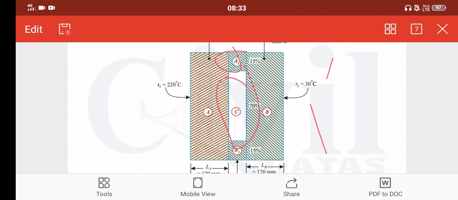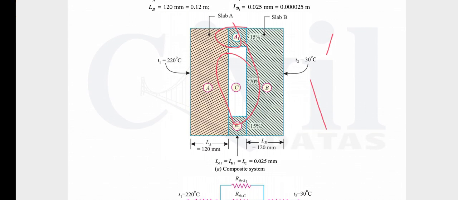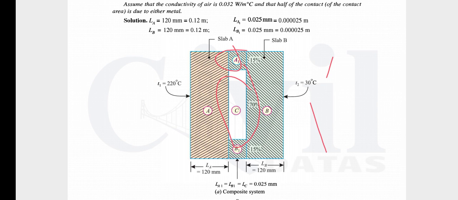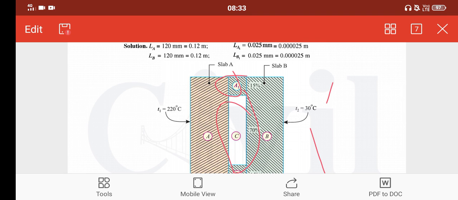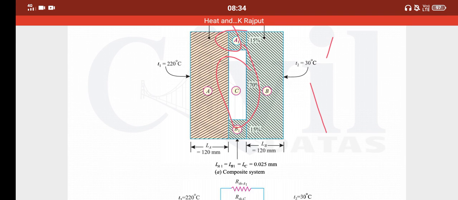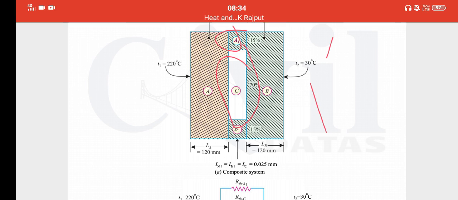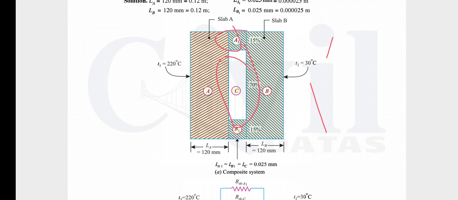So R thermal equivalent can be obtained, and then R thermal A plus R thermal equivalent plus R thermal B gives 8.83 into 10 raised to minus 3, and temperature T1 is 220, temperature T2, so Q is T1 minus T2 upon the thermal equivalent.